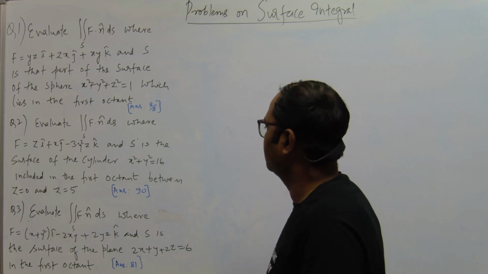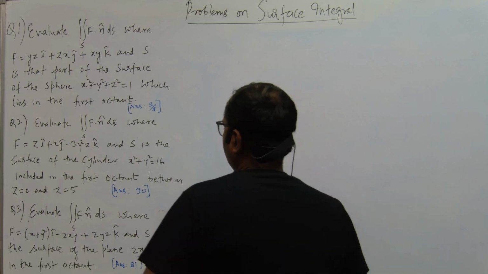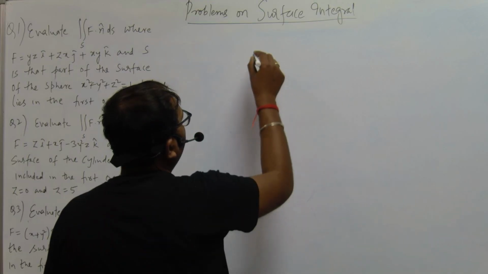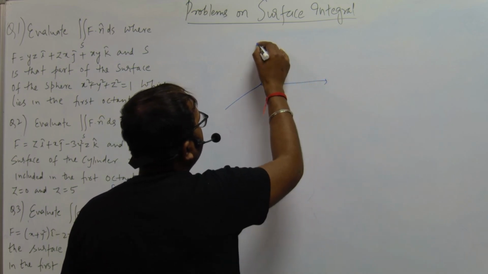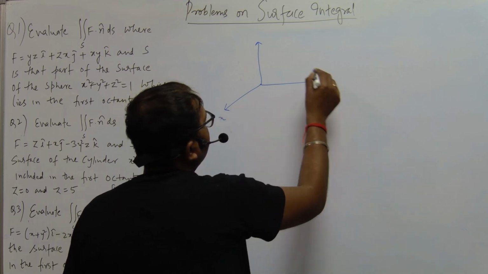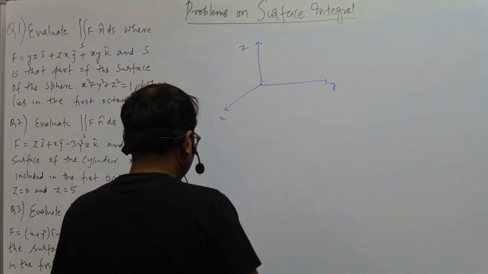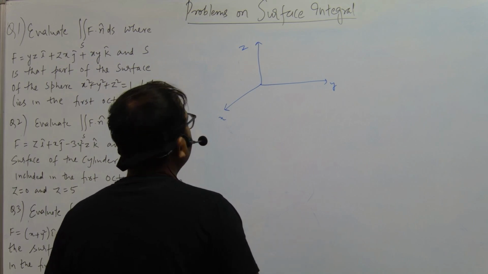So let us draw the cylinder in the first octant. Let us draw the coordinate axes first: x, y.